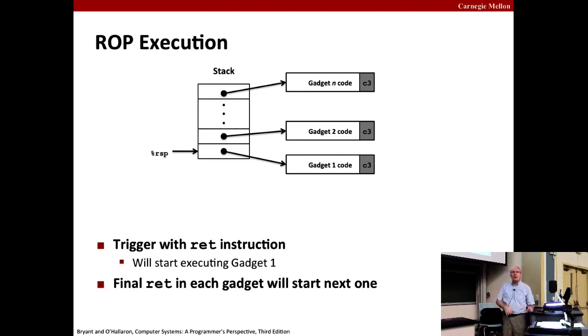And so you'll see that we're effectively concatenating these pieces of code together, using a ret to get from the end of one gadget to the start of the next. And that's why it's called return-oriented programming. Instead of sequencing programs using a program counter like you normally do, you're sequencing programs using the peculiar behavior of how returns work in x86.